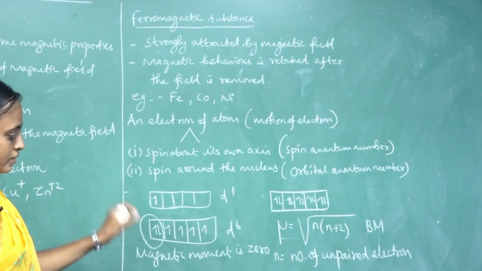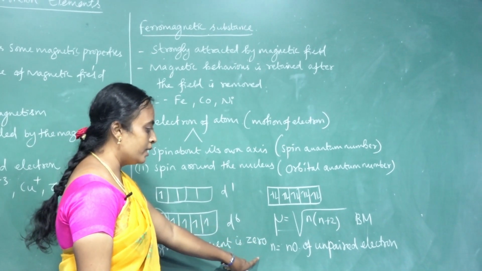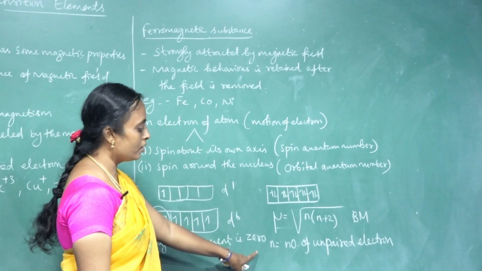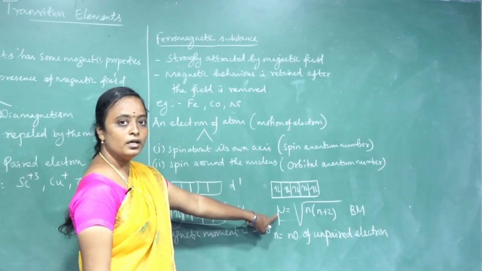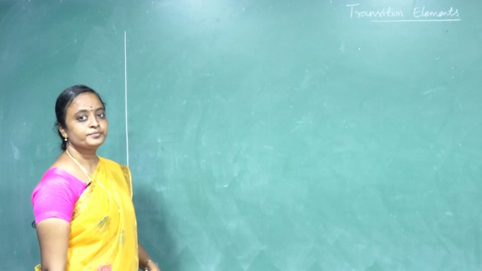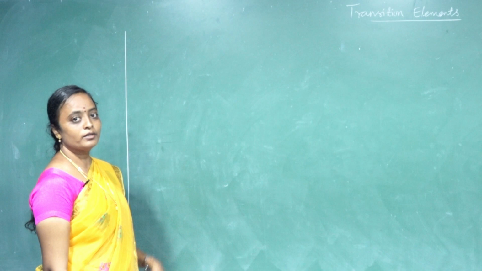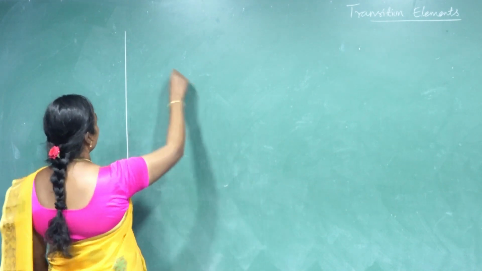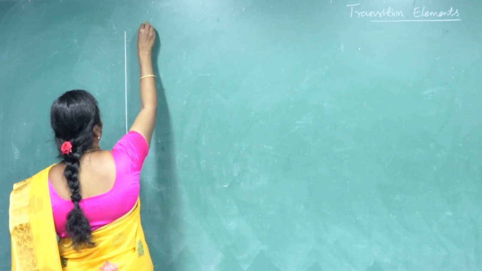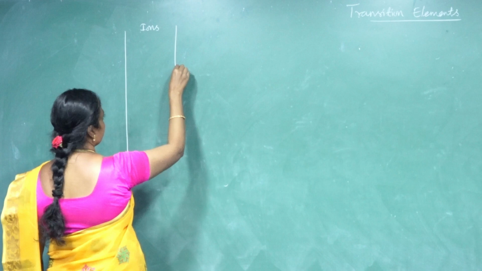So by using this formula, you can calculate the number of unpaired electrons in a species, or by using the unpaired electrons you can calculate the magnetic moment value. Next we are going to see how to calculate the magnetic moment for different ions. Let me take some examples of ions. I will give you the configuration.